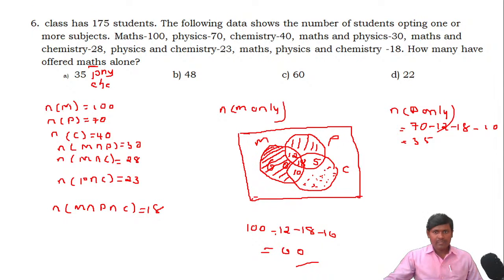This is the region of n of C alone. n of C is 40. We subtract 10, 18, this is 18, this is 10, minus 5. Then we get this region.